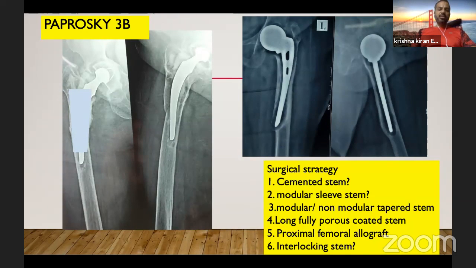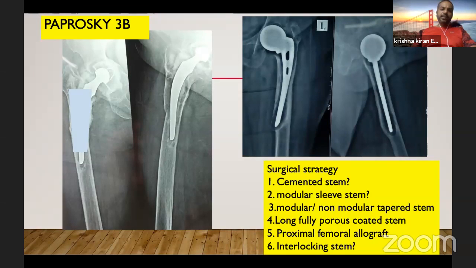But because of the risk of fracture at the modular taper interface, we tend to use a non-modular tapered stem like Wagner or a long fully porous coated stem in these situations as well. In a young patient, one must consider bone augmentation either through cortical strut grafts or the use of a proximal femoral allograft. And these are interesting cases where we can consider an interlocking stem.